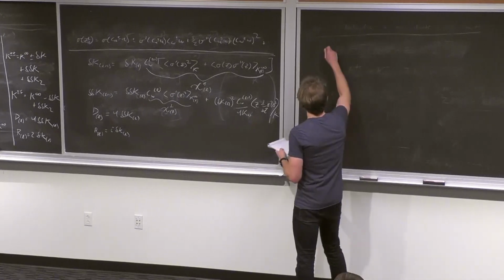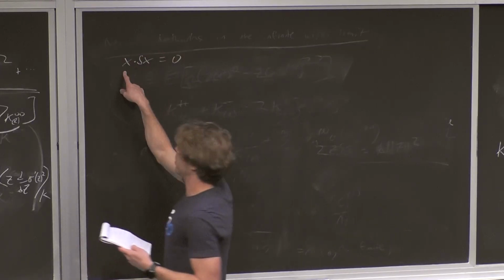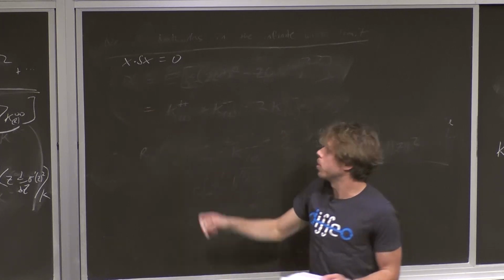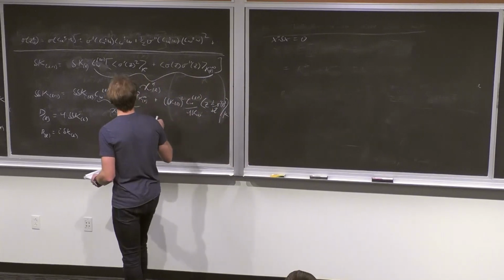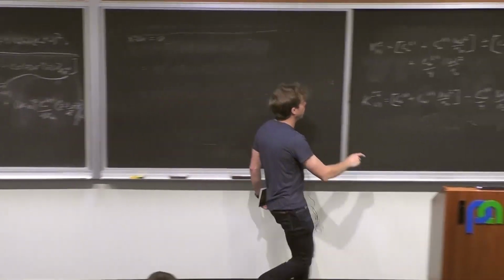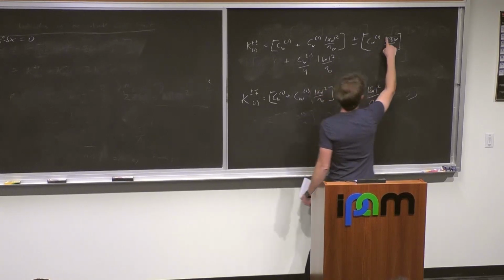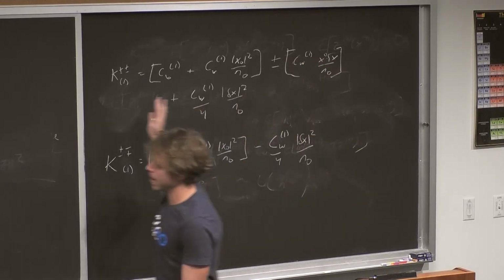So for a start, let's consider the case where the perturbation is orthogonal to the input. In that case, because this is delta k at layer 0, we see that expression appears here, so that vanishes.